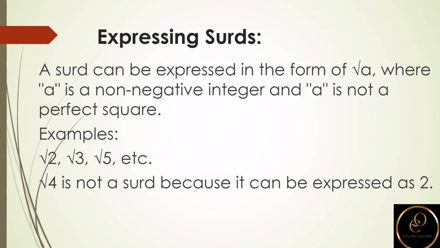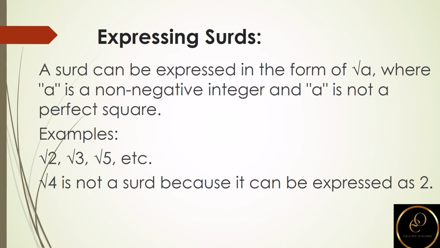When you find the square root and it gives you a whole number, that's a perfect square. Those which are not perfect squares can be given as the square root of 2. If you try to figure out the square root of 2, it gives you a number with decimal points. Equally for the square root of 3 or the square root of 5.